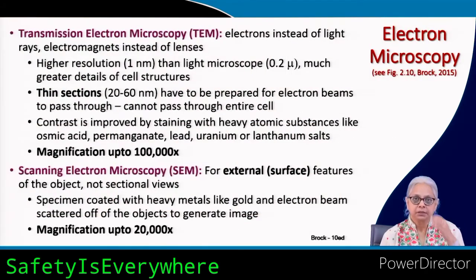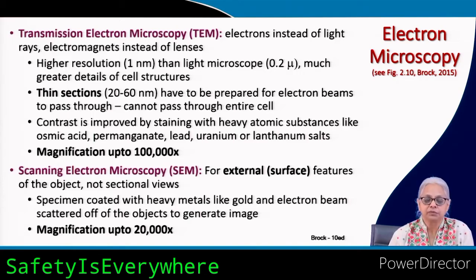Okay, then we come to another major advancement in microscopy, and that is the use of electron microscopes. Now, within electron microscopy, we have two major types of microscopes. One is scanning electron microscopes, and the other is transmission electron microscopes. In both, electrons are used instead of light rays, and electromagnets are used instead of lenses. Now, we are not visualizing images in electron microscopy in the same way as we do in light microscopes.